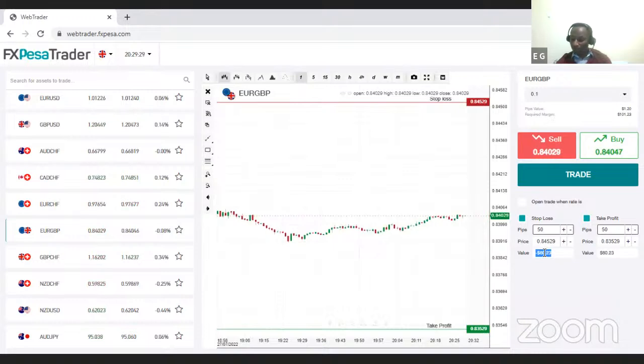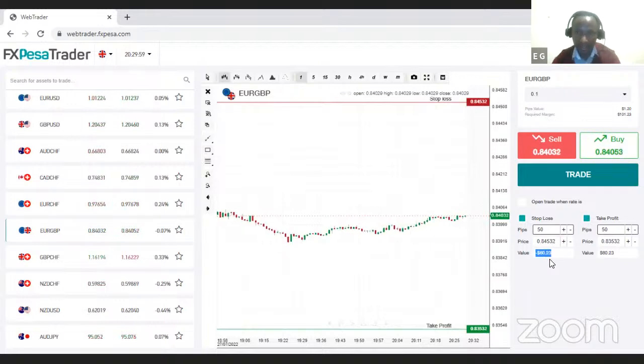If, for example, you have an initial capital of $1,000, the rule of thumb is not to risk more than 2%. So on average, for each trade, you should seek not to lose more than $20. That amount should be the value of loss on the stop loss side, the one that I've highlighted here.